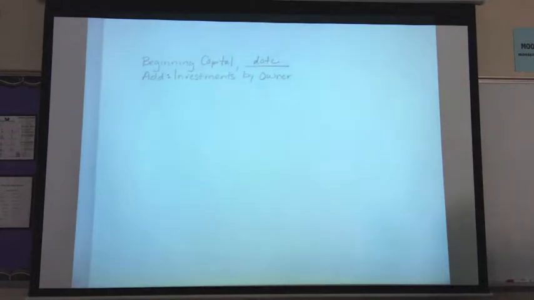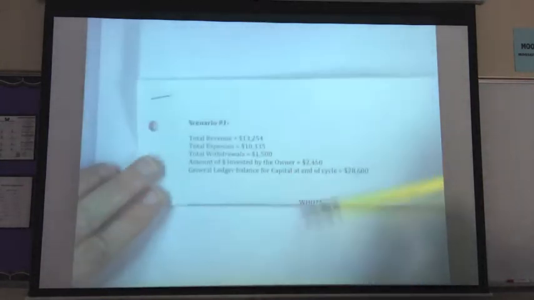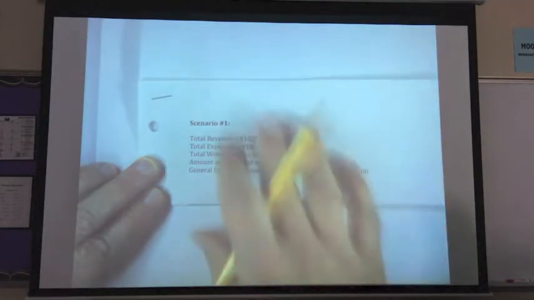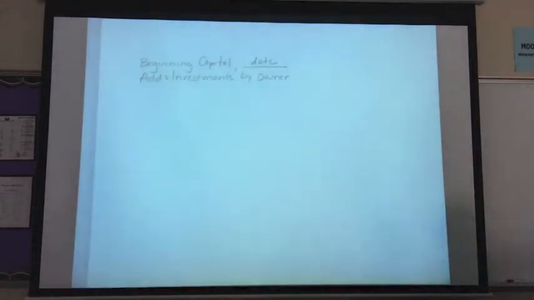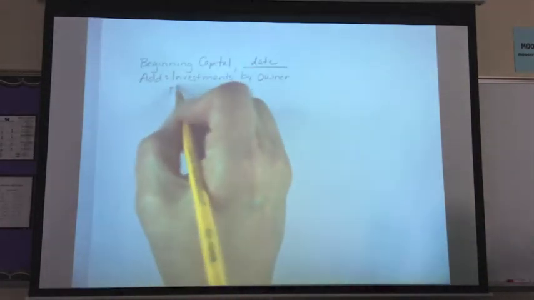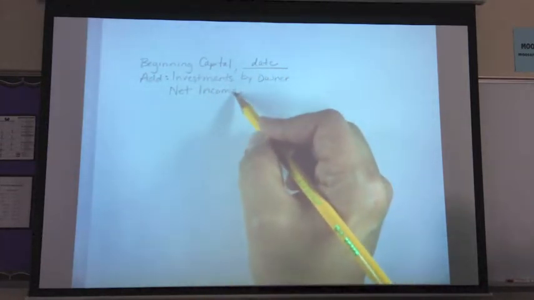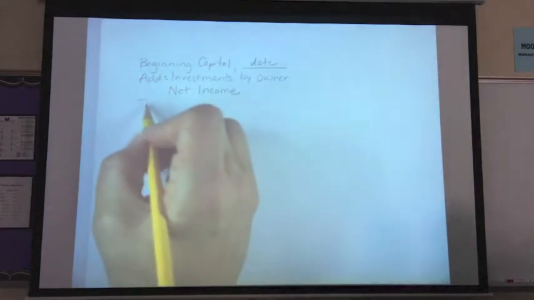The third line is net income. Did we have a net income? Yep, we had a net income of a little over $3,000 or maybe a little less than $3,000. So I'm going to add net income. Since I needed both of them, I'm going to have to write total increase to capital.